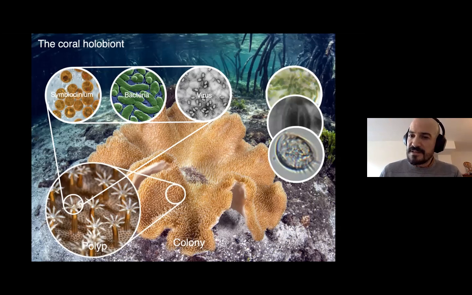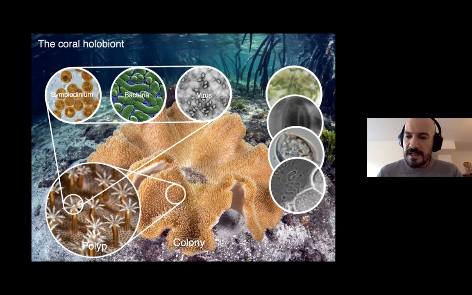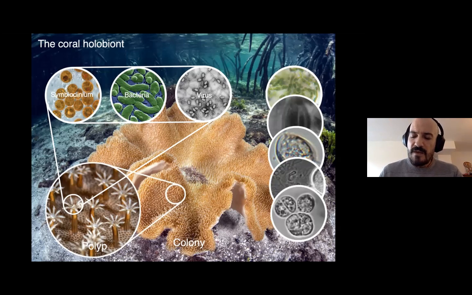There are apicomplexans, there are ciliates, and there are other heterotrophic organisms, such as here we have Labyrinthulomycetes, and here we have Neosauropistocon. All this community of microorganisms, together with the coral host, constitutes the coral holobiont, which is an ecological unit, and in some cases, there is still some debate about it, an evolutionary unit.